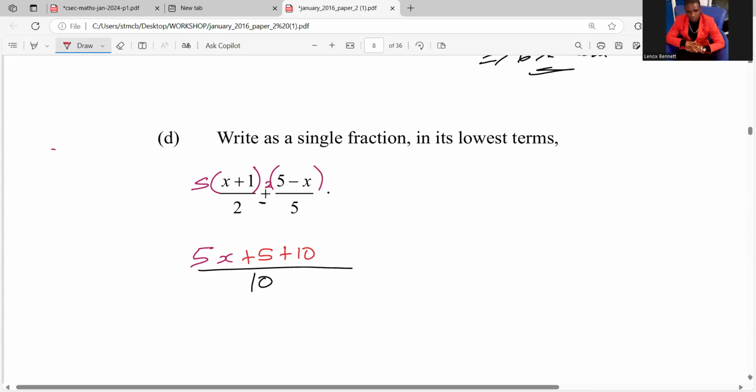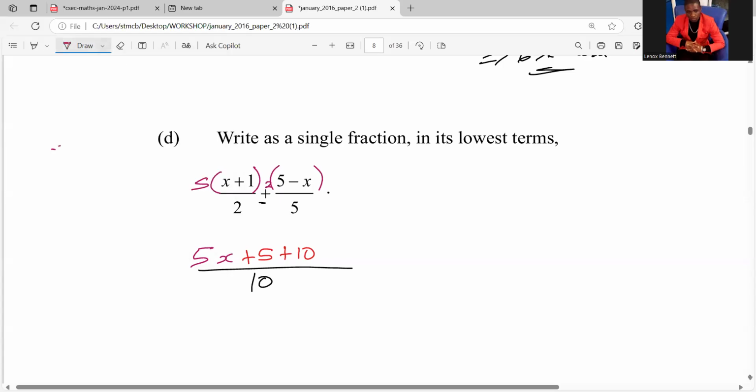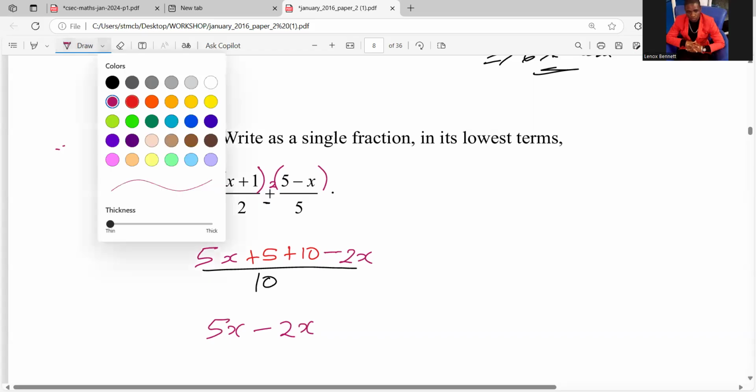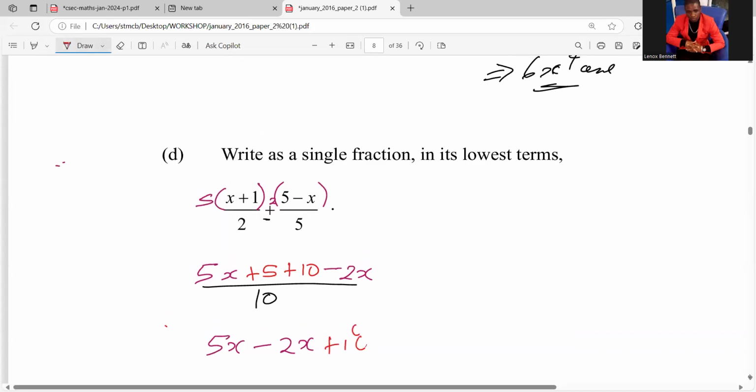Now we're going to multiply 2 times the negative x, which will give us minus 2x. So we still need to group the like terms. Here we have 5x minus 2x. And these are like terms, the plus 10 and the plus 5. We just add them together. Both are positive, so it should not be an issue.